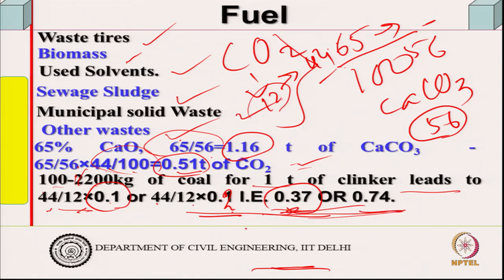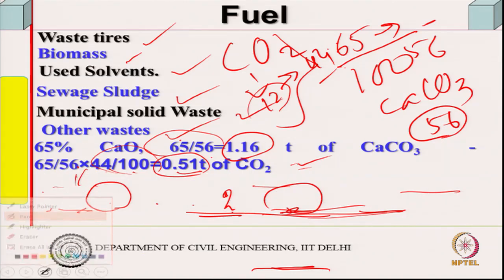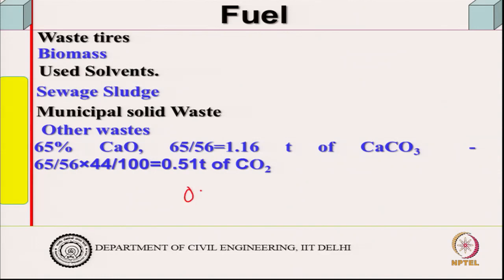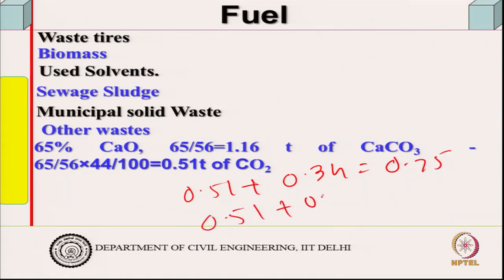That is why we were saying that my total carbon emission for 1 ton of cement will be 0.51 plus 0.37, which will make it 0.88, or 0.51 plus 0.74, which is double of it actually.